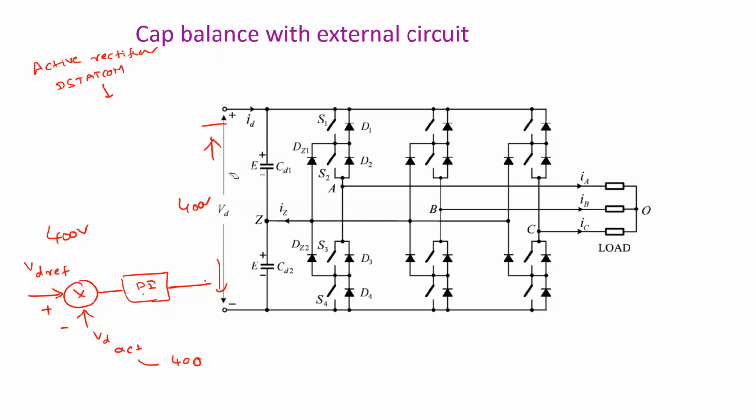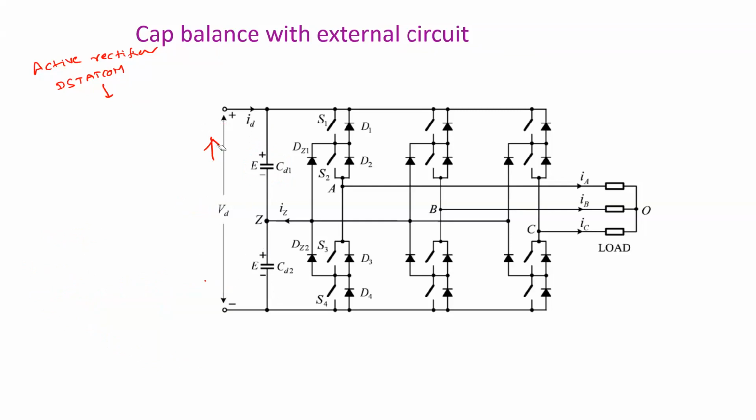With two capacitors, there is a slight change. Let us assume VC1 and VC2 are the capacitor voltages. This is the sum of the two capacitors, VC1 plus VC2.